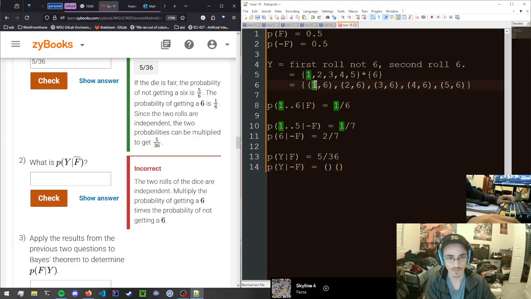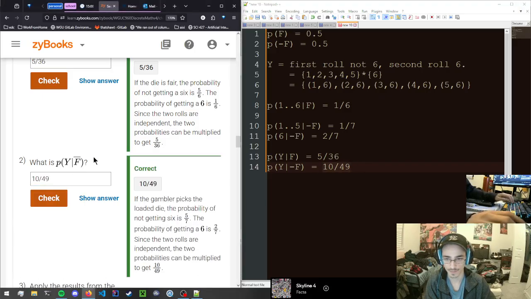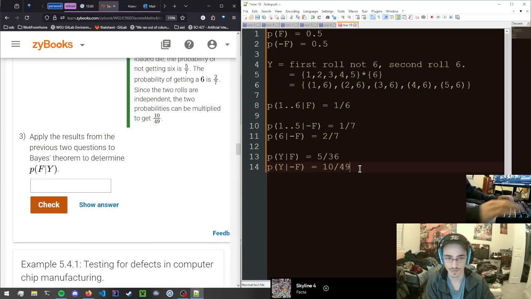The first one has probability of 1/7, and the second one is 6, 2 or 7, and there's 5 of these. So let's do that. 10 over 49. Yeah, nice.